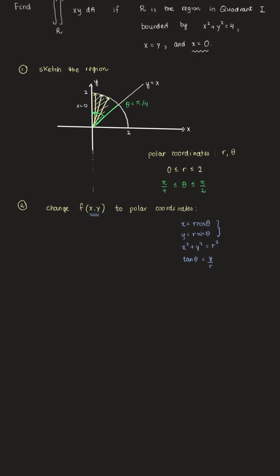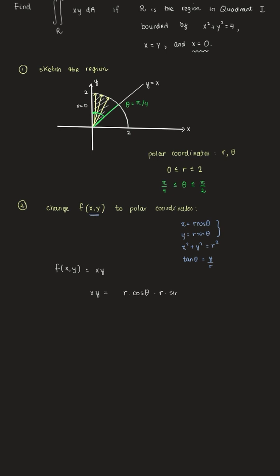So our function f of x, y at the top in our integral is the function x times y. If we change xy into polar coordinates, x is r times cosine theta, y is r times sine theta.